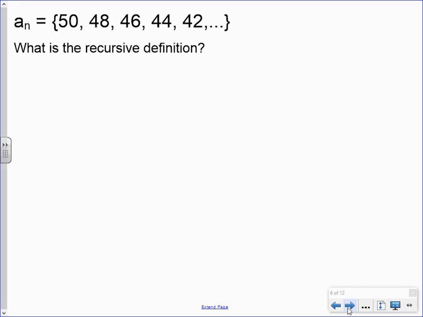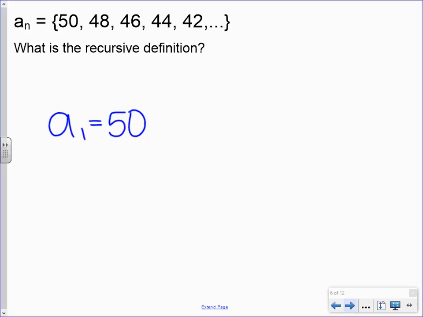Now, let's talk about a recursive definition. So we're going to come back to the one that we started with. If you want to go back to that portion of your notes, we're going to talk about the recursive definition. In order to write a recursive definition, you have to give the first term.